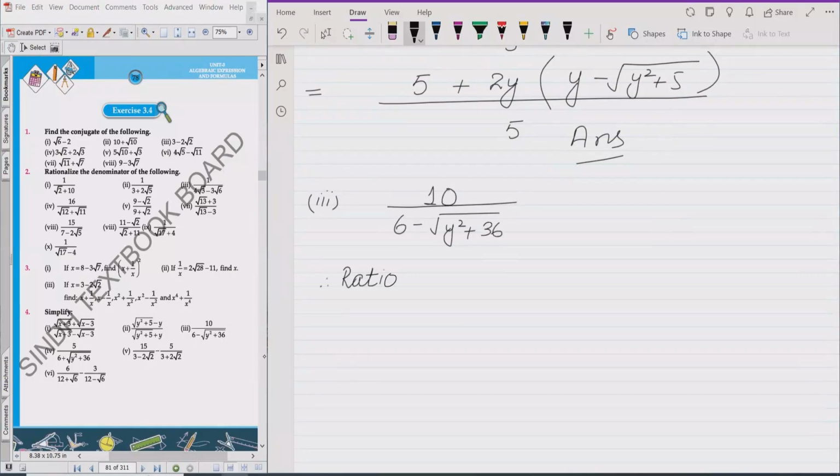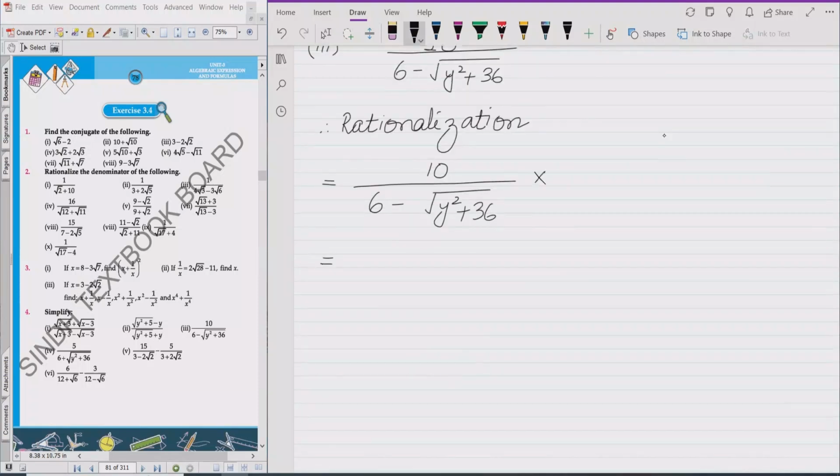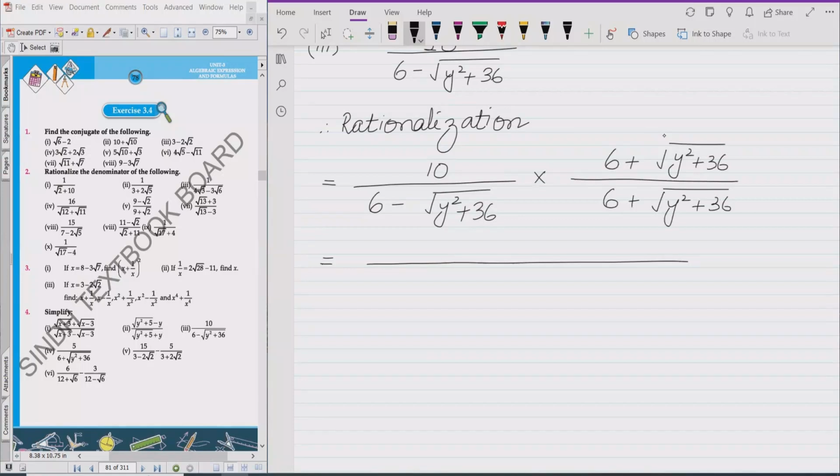So here we will apply the rationalization method. So we will simplify like 10 upon 6 minus root y squared plus 36. Okay, we will apply rationalization here. So 6 plus root y squared plus 36 here, and 6 plus root y squared plus 36 here, and multiply numerator from the numerator and denominator from the denominator.